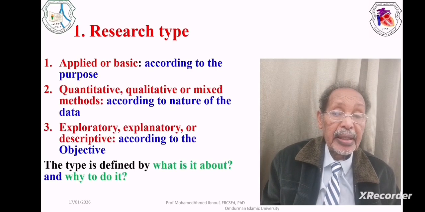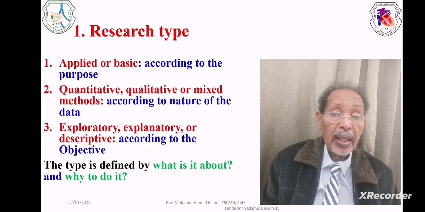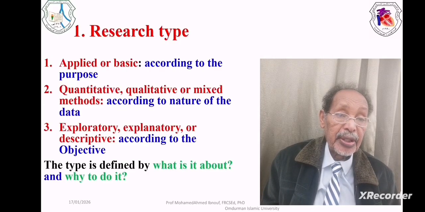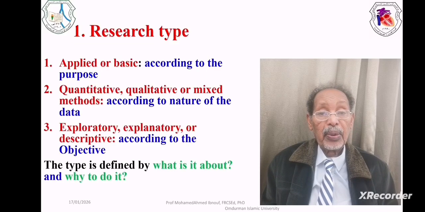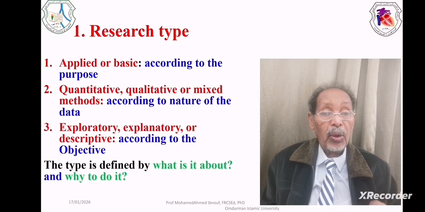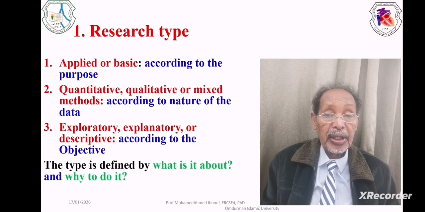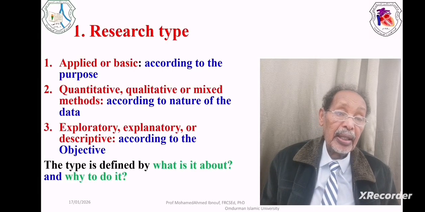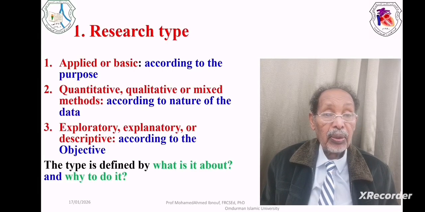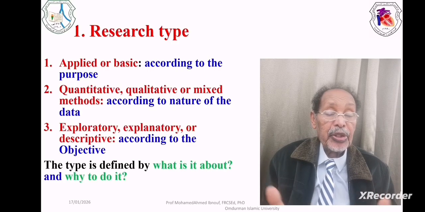Also, we can ask why to do this research. To do this research is to solve a real existing problem, or to describe something, or to explain something, or to explore relationships.